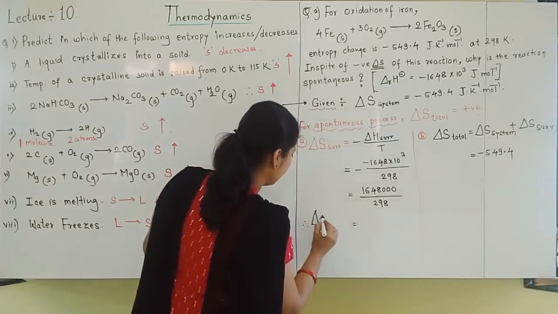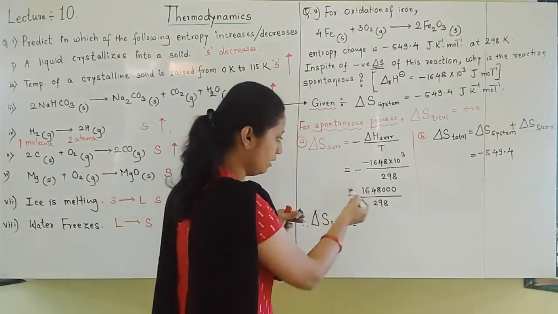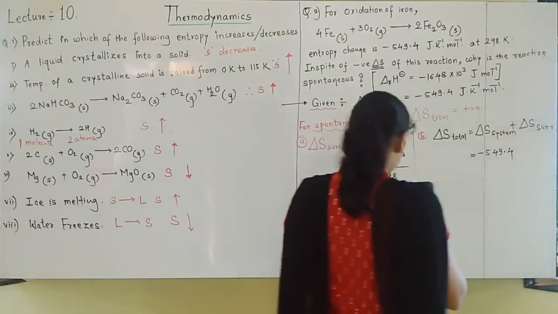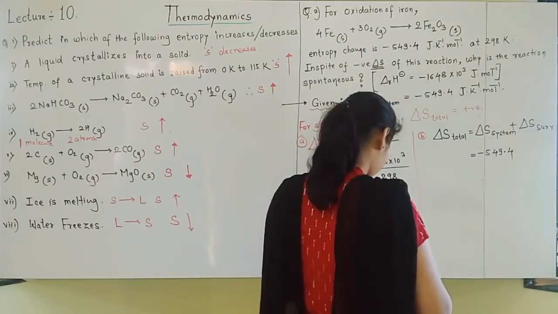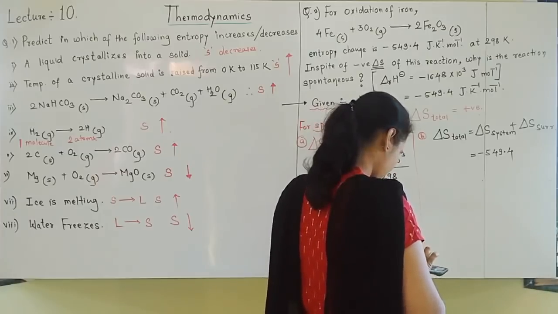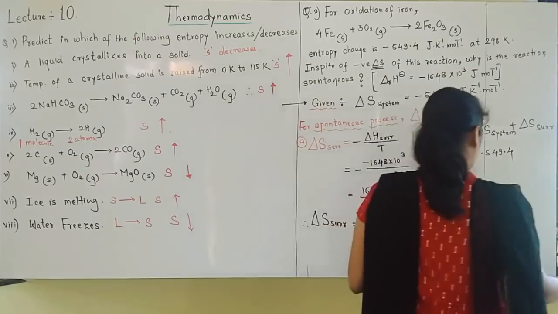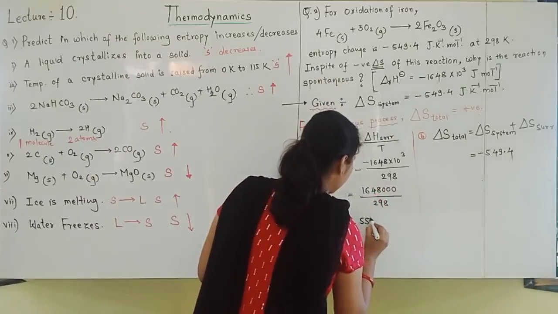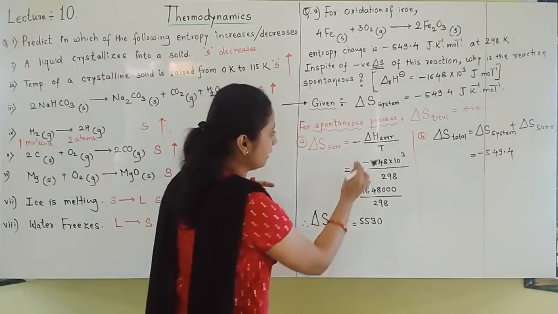So the delta S of surroundings value, I will do this calculation. I got the value 5530. What unit will I write for this, students?